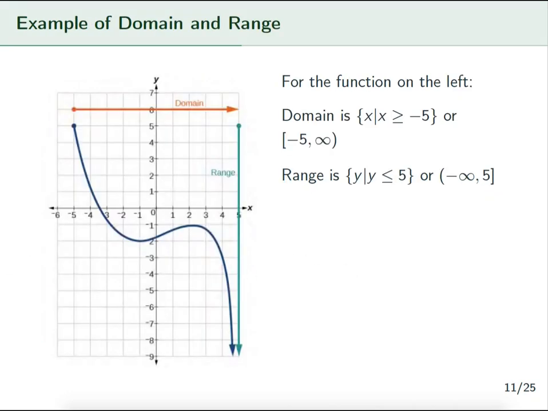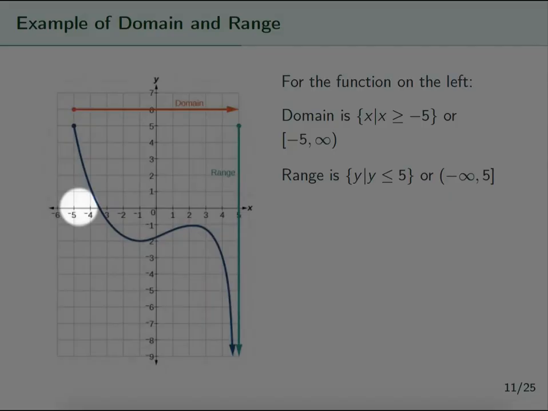So graphically, for a function on the left, let's look at this example. Domain means all the input quantities. So input quantities are all the x values. So in this graph, we have input values from -5, and this closed circle, the fact that the circle is filled in, means we include the value -5. And it increases all the way. And this arrow means it goes forever in this direction.